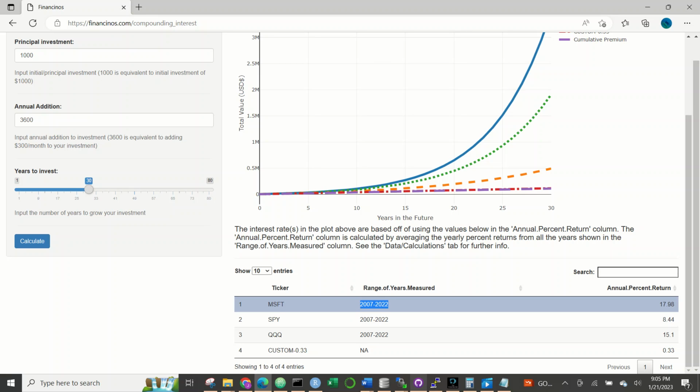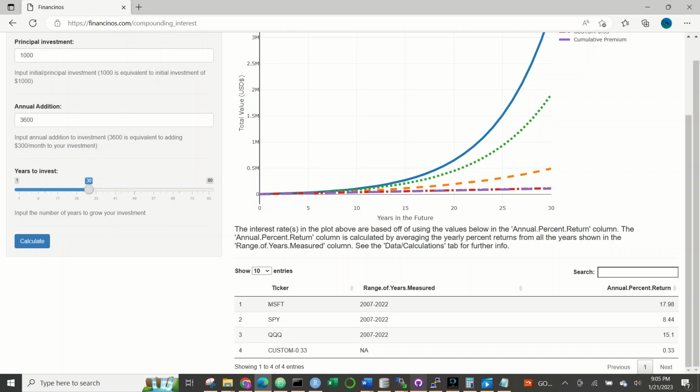The range of years measured is 2007 to 2022. I believe it's capped at 2007 because of the Yahoo Finance data that is available through their API. 2007 is the cap that I was able to retrieve, but it's still a pretty good range, 2007 through 2022.